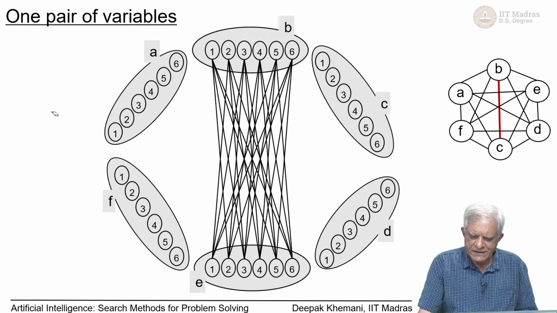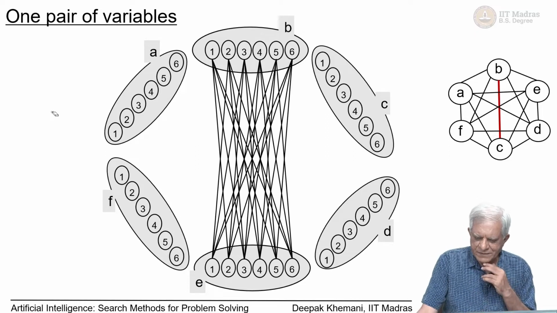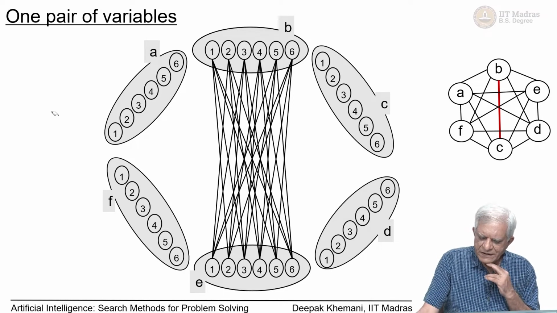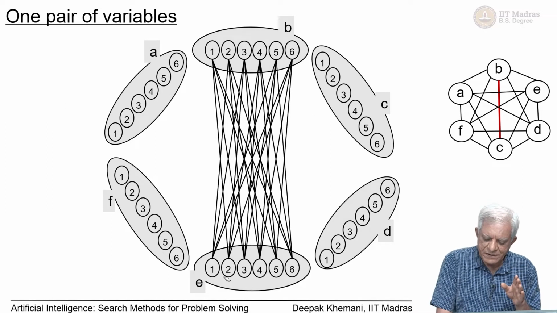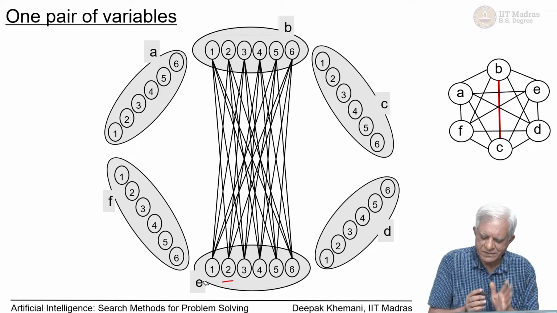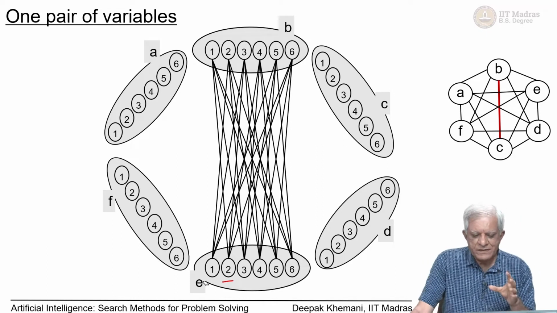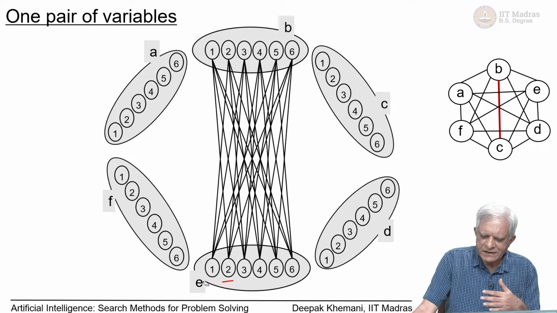So, if you look at the relation between B and E, for example, then these are the allowed edges, that if you keep the queen in column B on row 1, then you can keep the queen in column E. So, remember this is B and E, this is not A, these are not contiguous columns. So, in general you can have a relation between any 2.